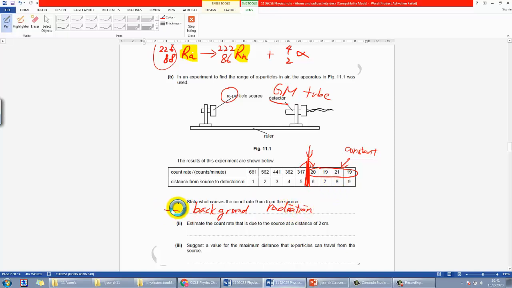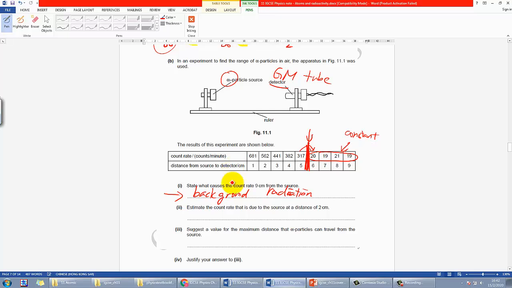In fact, in your life, anywhere, even right now, when you are sitting in front of the computer, you are receiving background radiation, because from outer space there is some radiation coming to you, which is usually gamma ray. And if you live in a rather new building, the rock which built your building would also emit radiation. So that is actually a bad thing if you move to a new house.